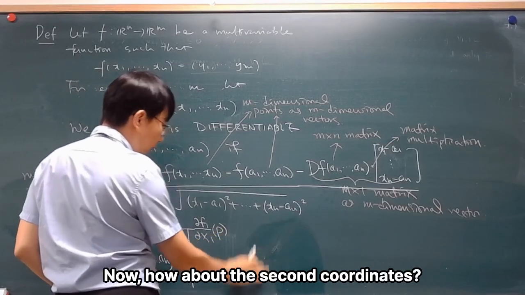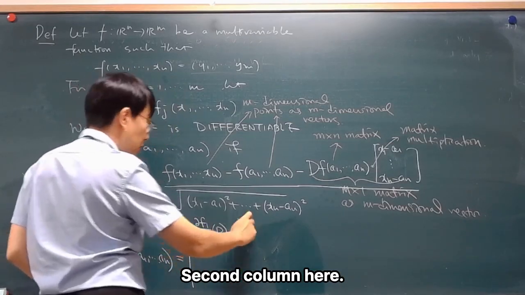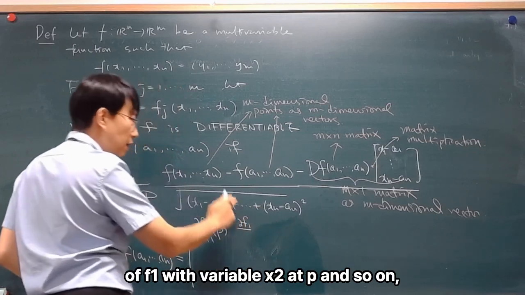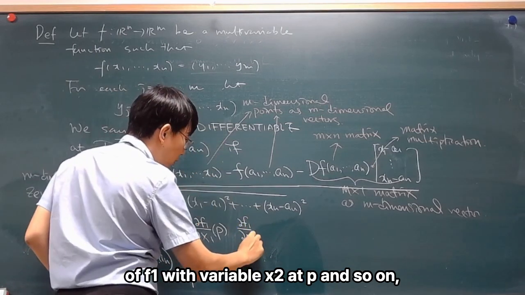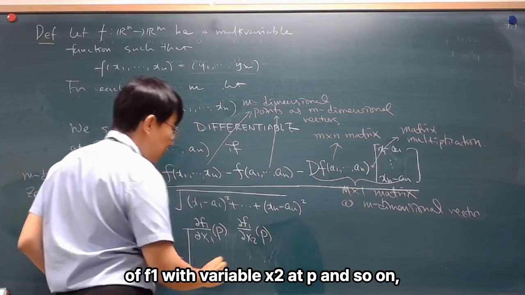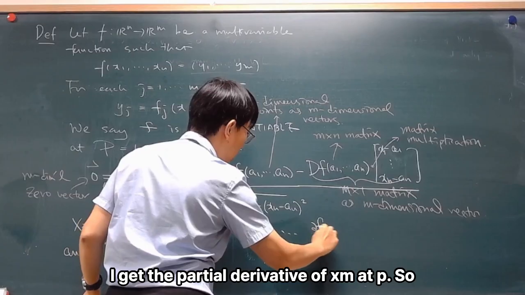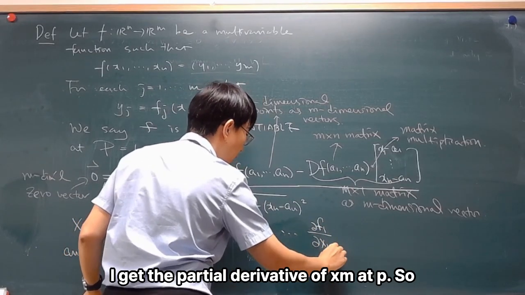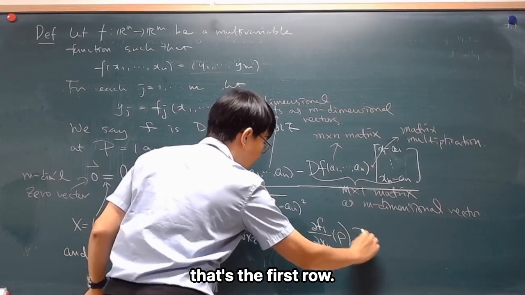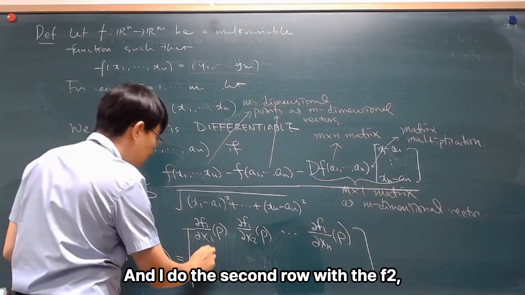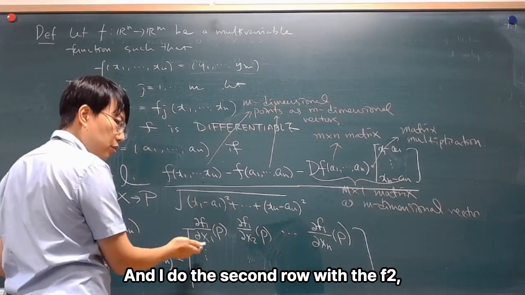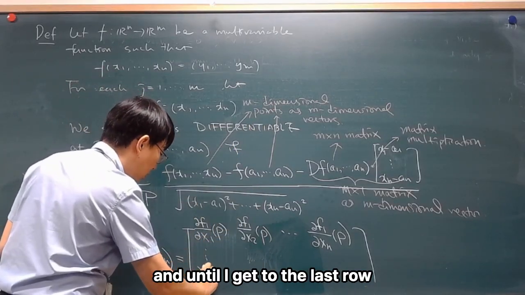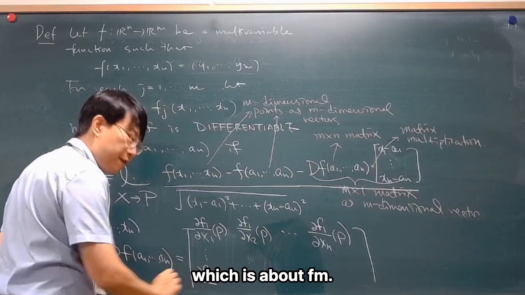Now, how about the second column here? I'm taking the partial derivative of f1 with respect to x2 at p, and so on. At the end, I get the partial derivative with respect to xn at p. So that's the first row. And I do the second row with f2, until I get to the last row, which is about fm.